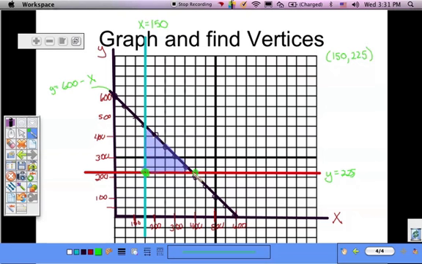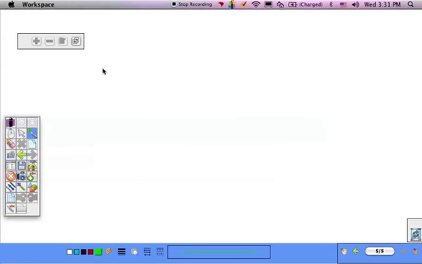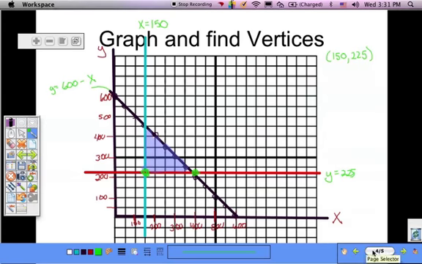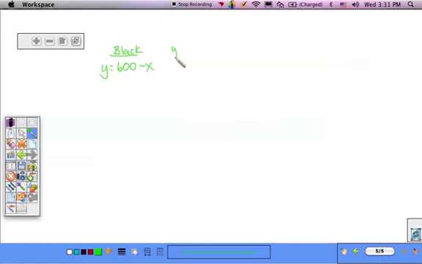This next bottom one, though, that's a little bit more difficult to tell. It's the intersection of our black line and our red line. So if we were to calculate that out, our black line is y equals 600 minus x, and we wanted the intersection with our red line, which is y equals 225.